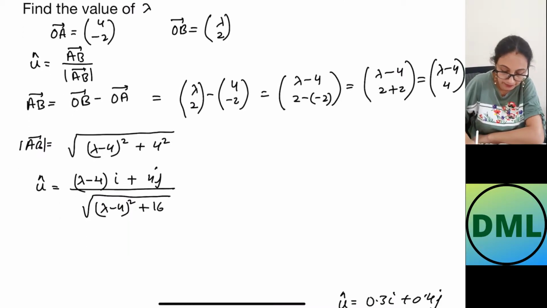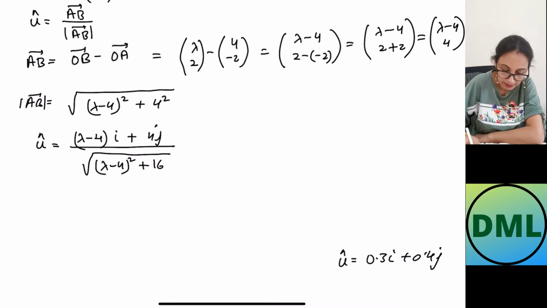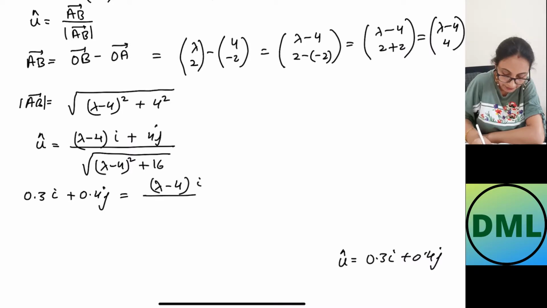Now, it is given that the unit vector is equal to 0.3i plus 0.4j. Let's substitute the value on the left hand side. It will be 0.3i plus 0.4j, which will be equal to (lambda minus 4)i divided by the root of (lambda minus 4) the whole squared plus 16.